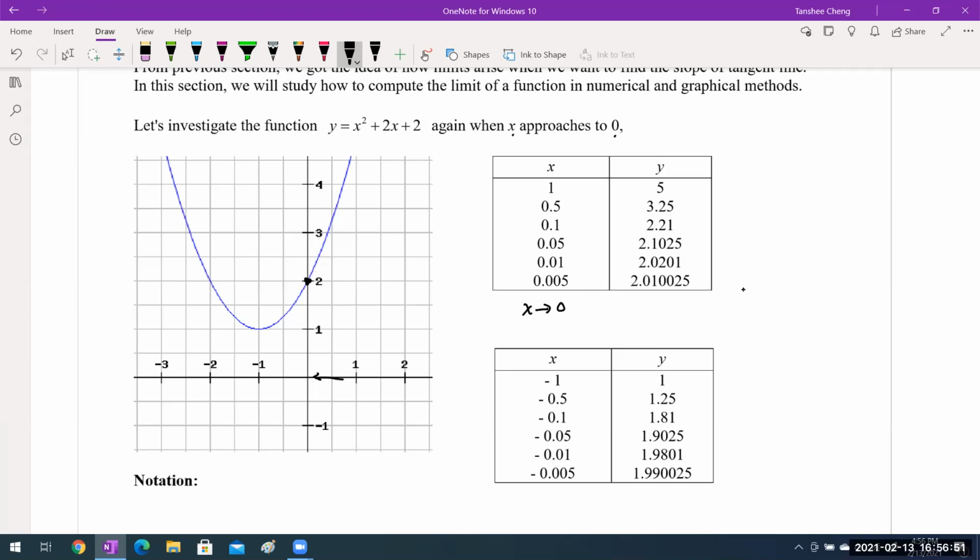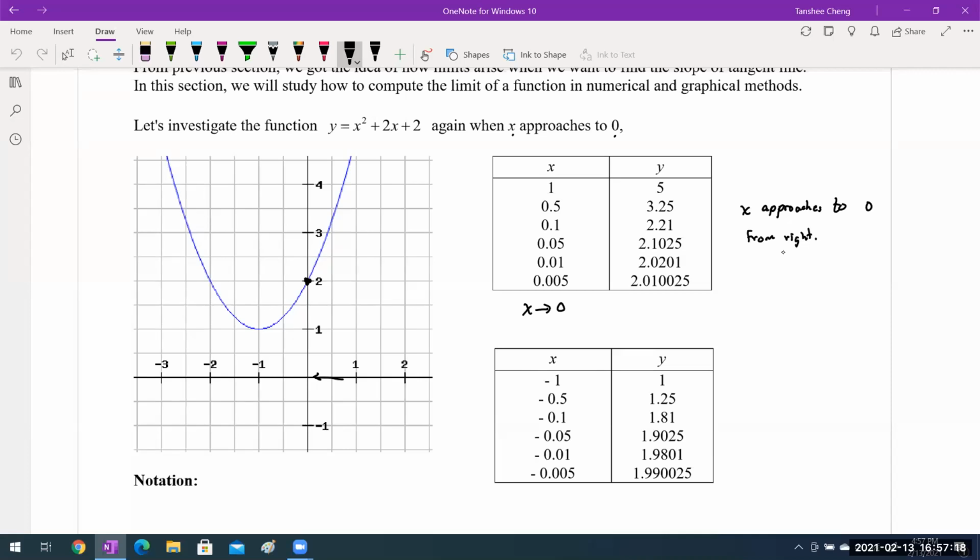So this is from the right-hand side. This table of values shows x approaches 0 from the right. Now, let's take a look at the other case.